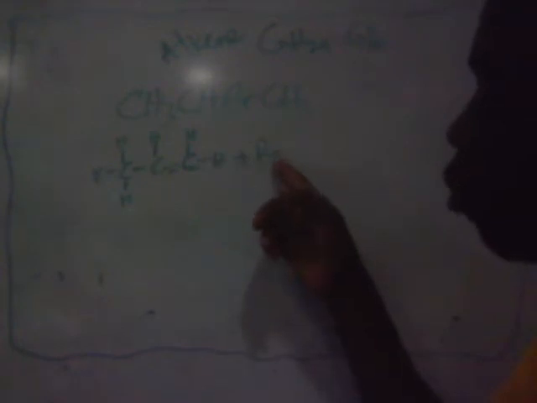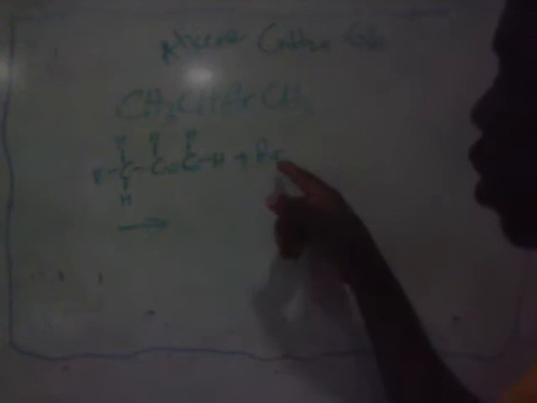Alkenes undergo addition reactions with hydrogen, with halogens, or with bromine water. Bromine is a halogen. So let's see how we can get the product.